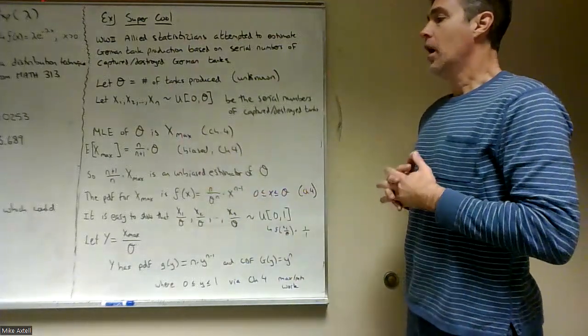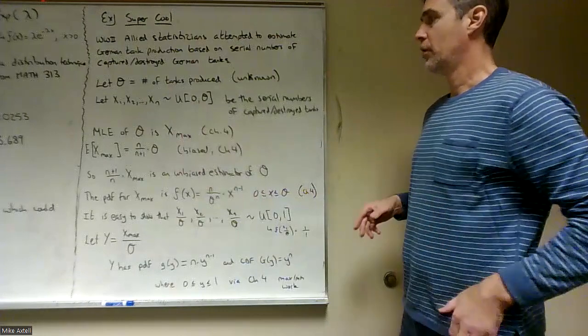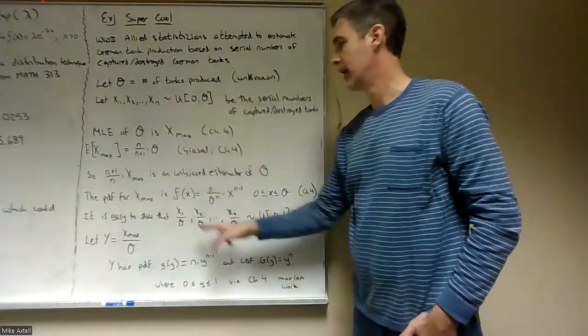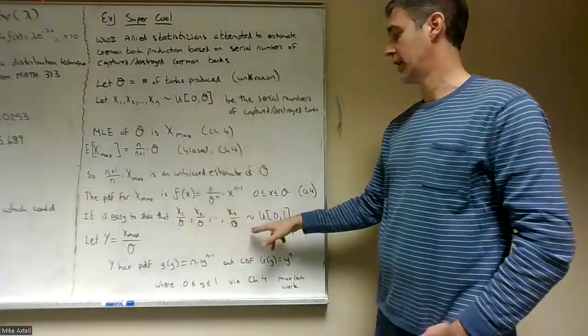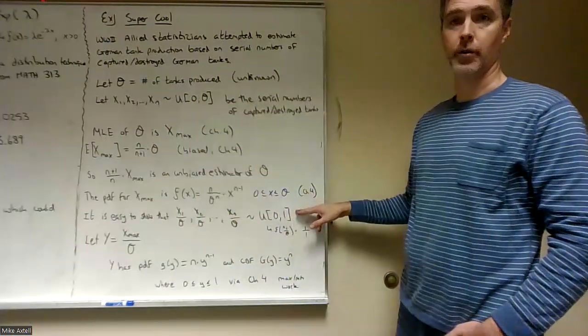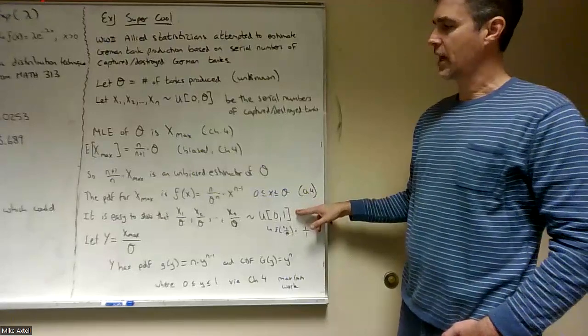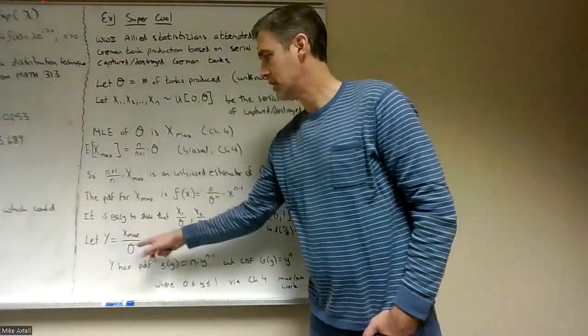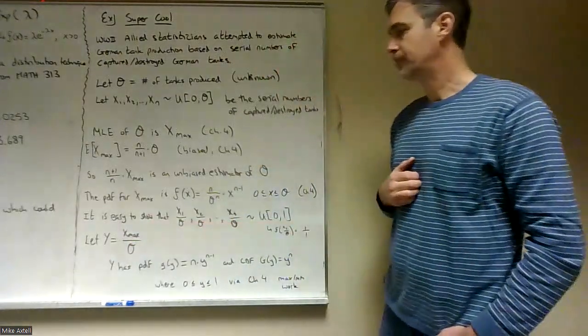It's quite simple to show that if x1 through xn are uniformly distributed between 0 and theta, then x1 over theta, x2 over theta, up to xn over theta are uniformly distributed between 0 and 1. So instead of looking at the actual data, I'll look at this data, and I'll look at y to be x max divided by theta.